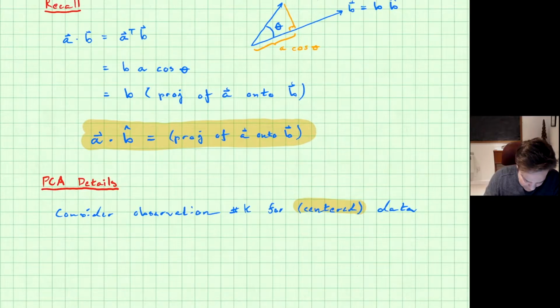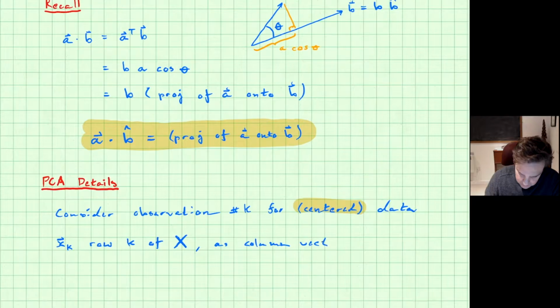So observation K, we'll often write as lowercase x sub k, with a vector symbol over it. This is row K of the matrix X, meant to be written as a column vector. So you take that row out of the matrix X and turn it so that it's a column, and that column vector is x sub k.